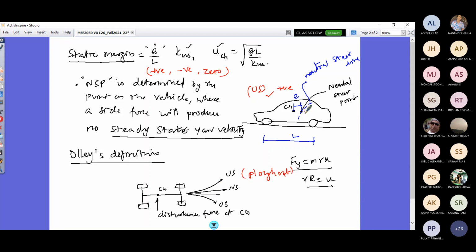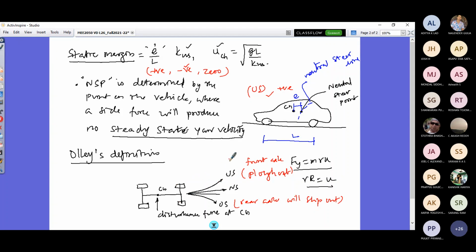On the other hand, if I have my neutral steer point in front of CG location, then I would call that a negative value. And that time, that would be an oversteered vehicle where the rear axle will slip out. So here the front axle will plow out, hence it is of understeer tendency. This is the disturbance direction. Your slip angle will be more here, and that would make this front axle plow out.